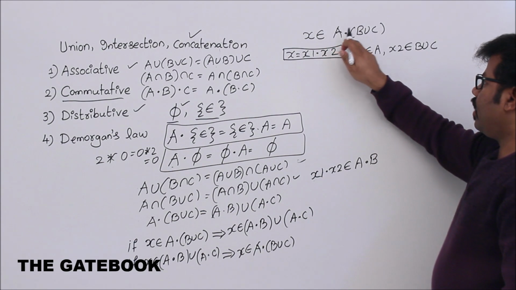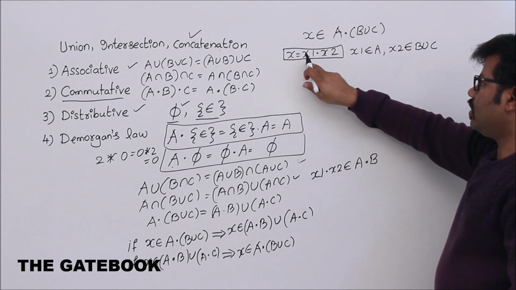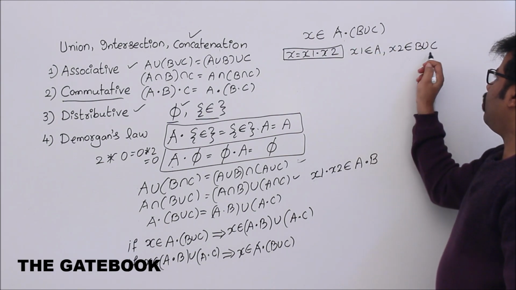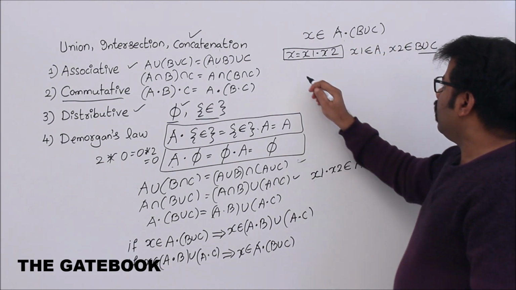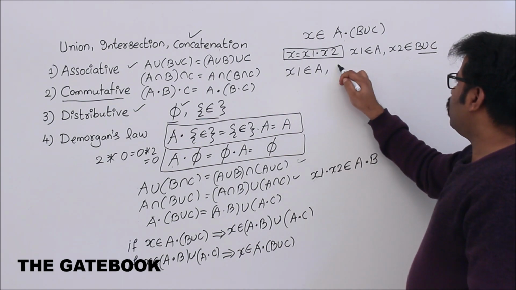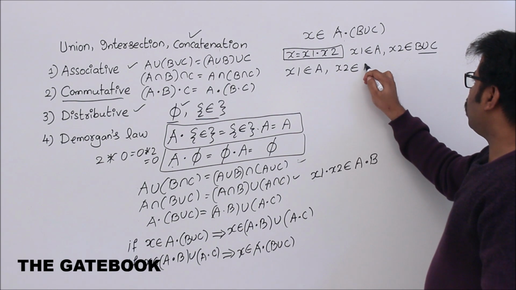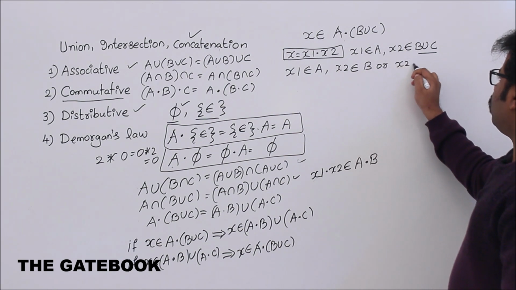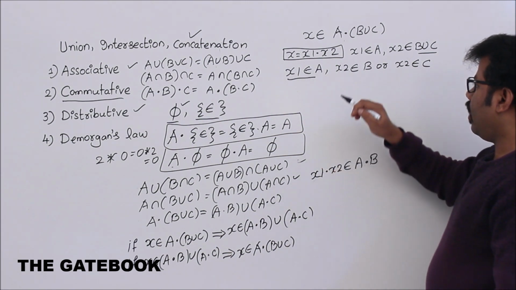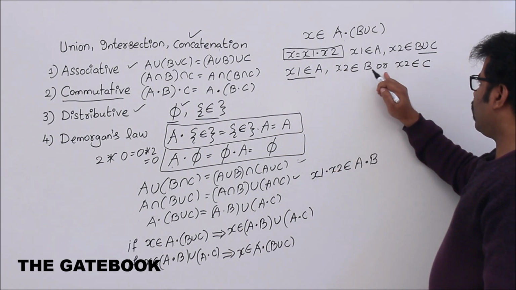So if X belongs to A dot B, then there should be two strings x1, x2 such that x1 belongs to A, x2 belongs to B. That's why in the place of B we have B union C here. Now if x1 belongs to A and x2 belongs to B union C, then I can say that x2 belongs to B or x2 belongs to C. That's the logic, right?